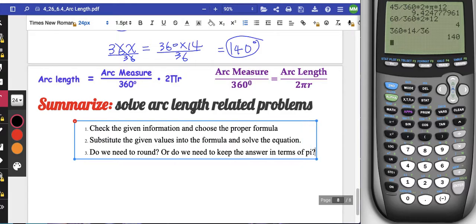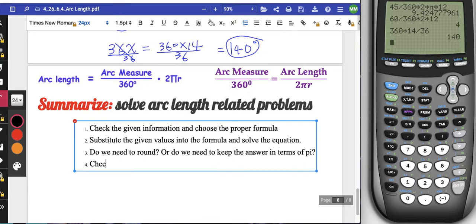So that's one thing you need to check. So finally, again, check if you rounded it correctly, or if you kept the pi in the right place.